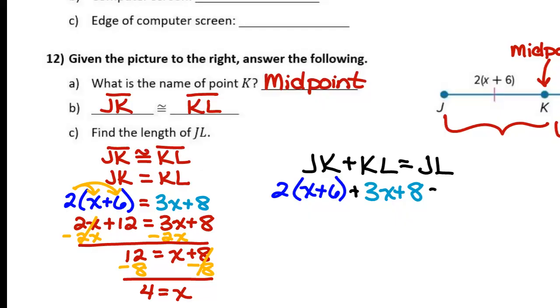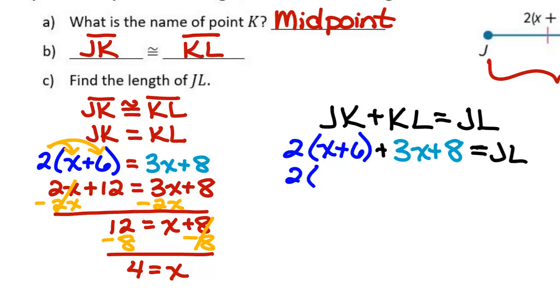Those 2 put together give me JL. What can I put in for x? 4. So I have 2 times 4 plus 6 plus 3 times 4 plus 8.